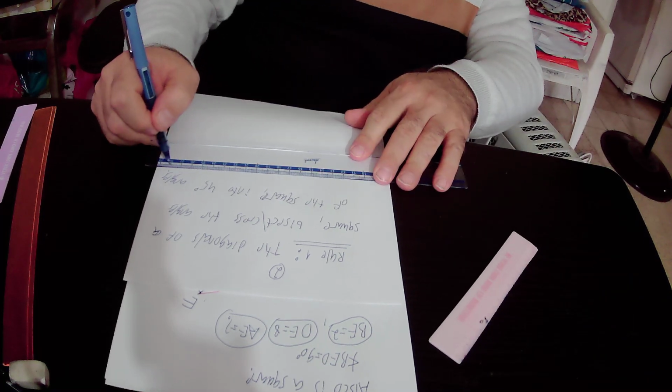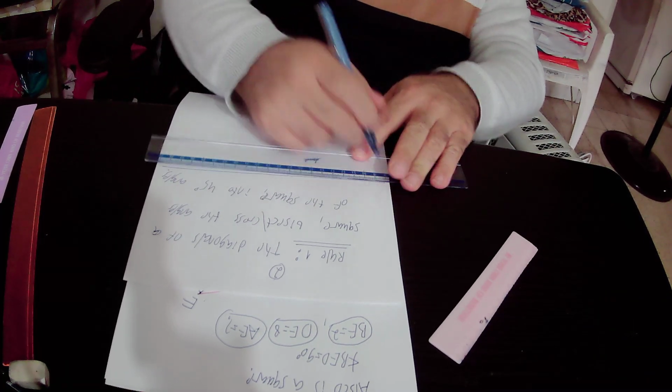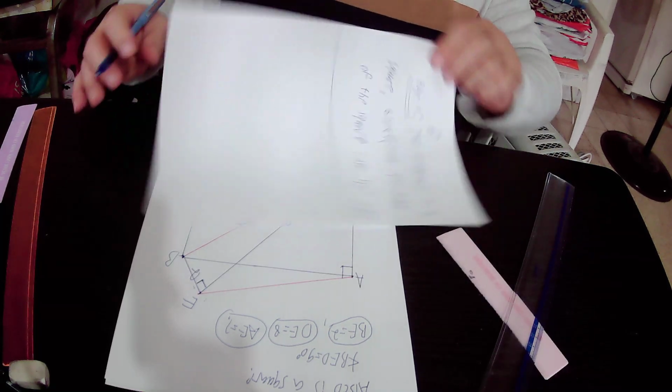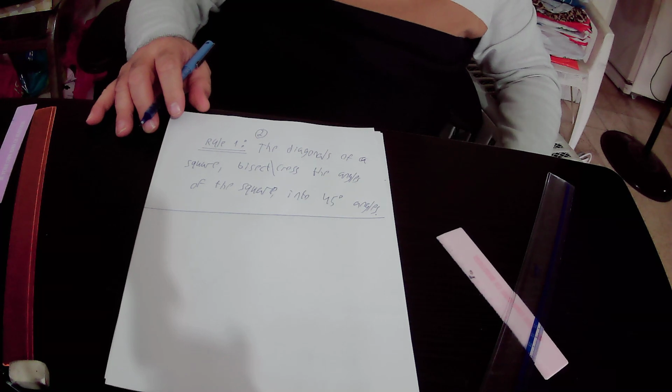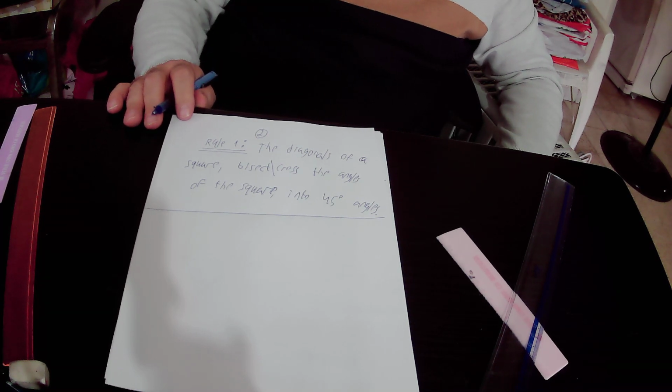I will read rule number 1 again: the diagonals of a square bisect or cross the angles of the square into 45 degrees angles.